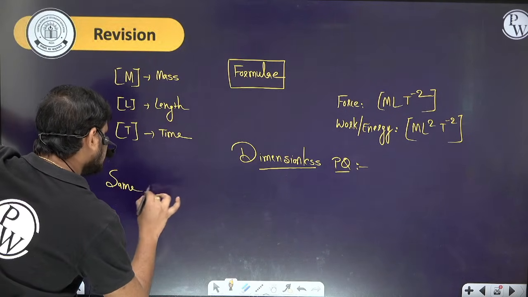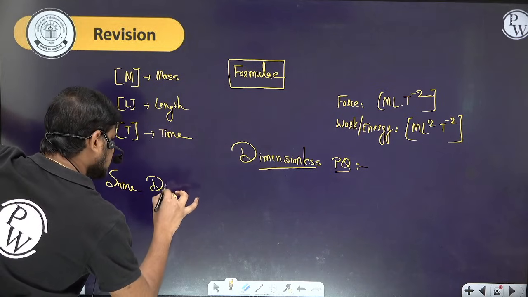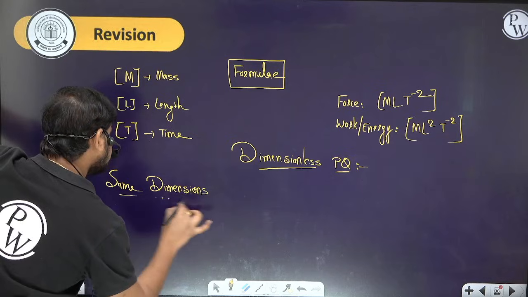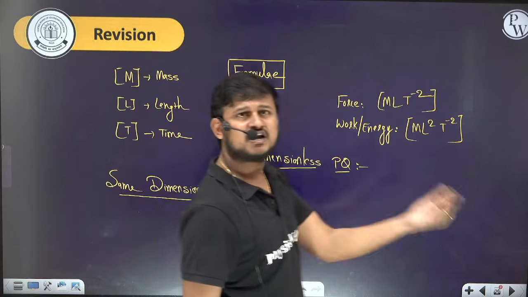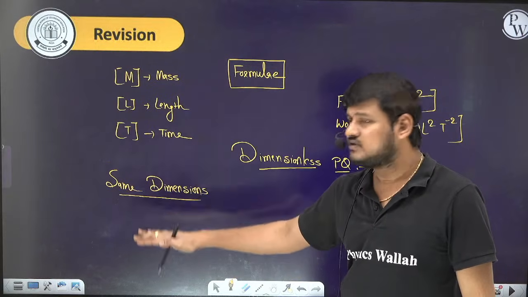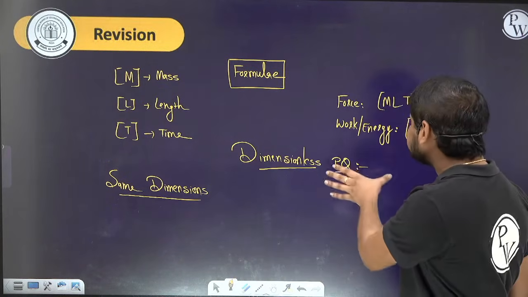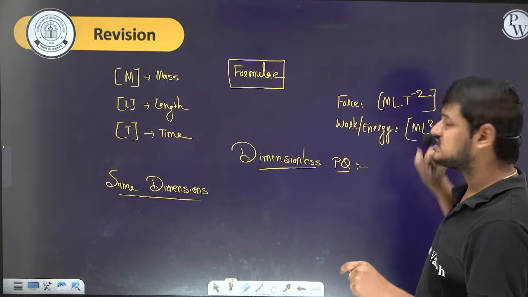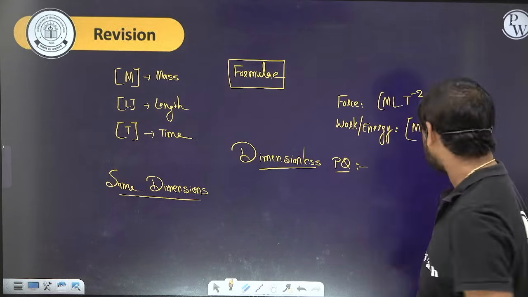Like we learned that the dimensions of Planck's constant and angular momentum are equal. Just write it as short notes.